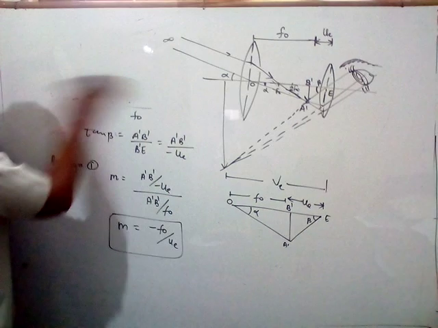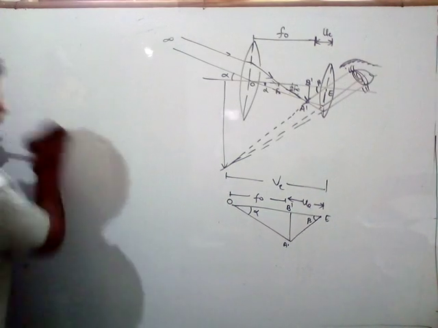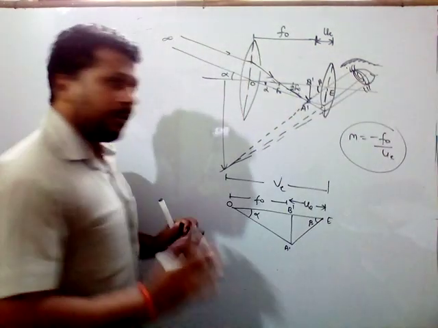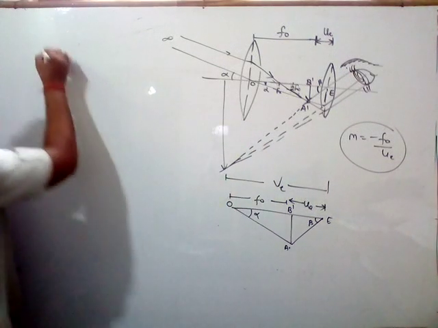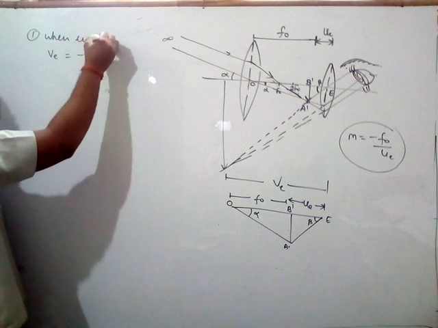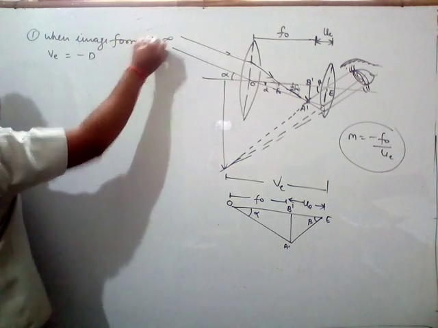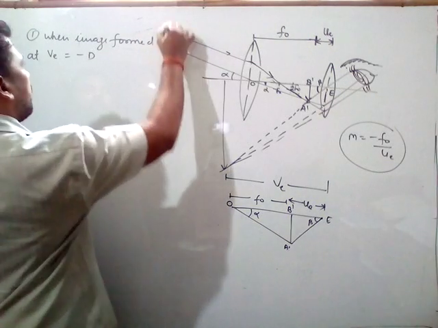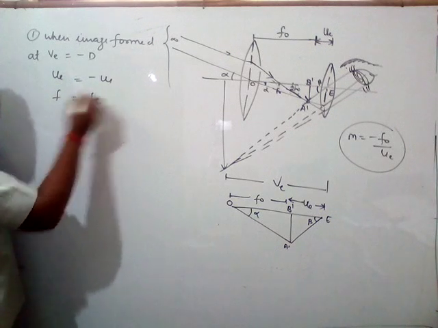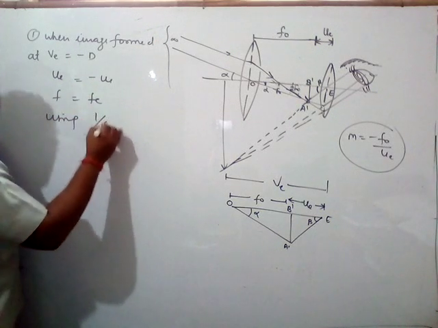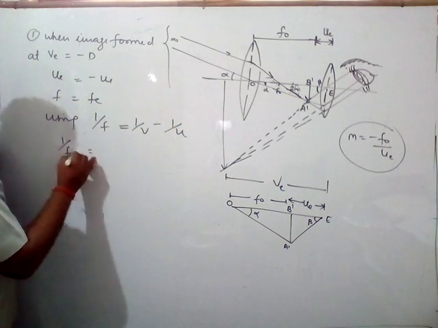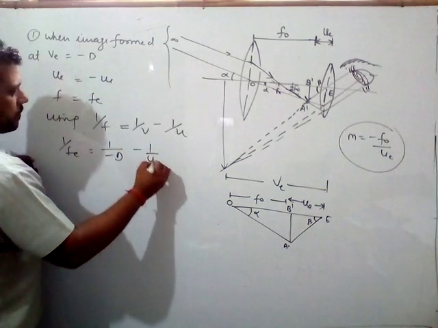And now, it is equal to minus FO upon UE. First of all, whenever the image is formed at the least distance, minus D, that is V equals minus D, U is equal to minus UE and F is equal to FE. So using the lens formula, 1 by F is equal to 1 by V minus 1 by U, 1 by FE is equal to 1 by minus D minus 1 upon UE.